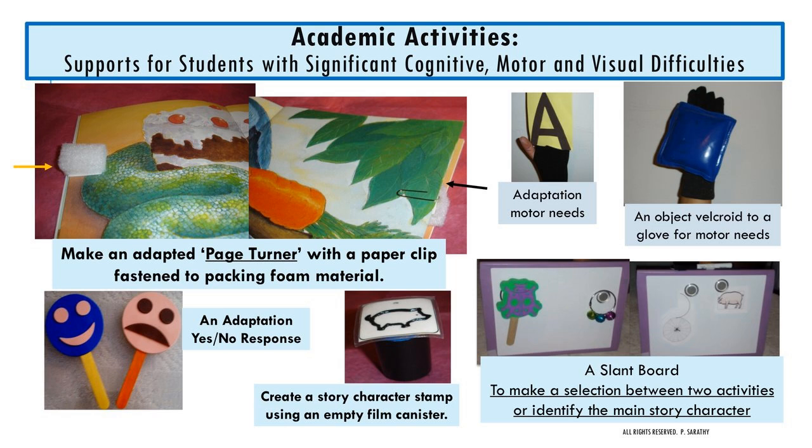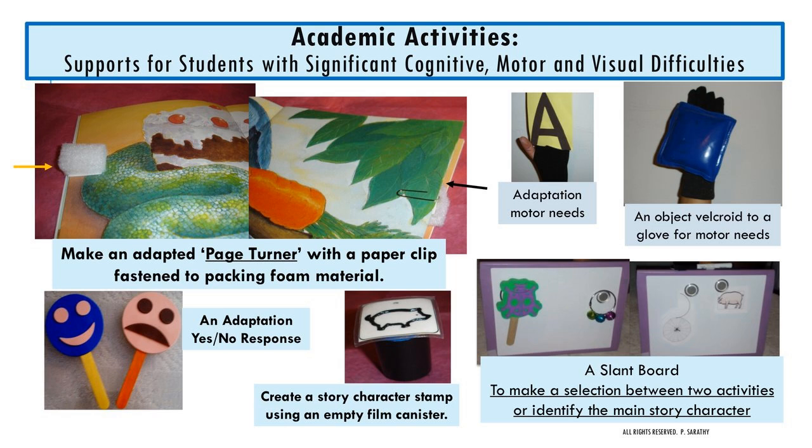One of the things that is important is a slant board where there are two choices given and the student makes that choice. Who is the main character in the story? While you may ask the other students open-ended questions or ask them to describe what happened in the story, you may ask this student, point to the main character in the story.